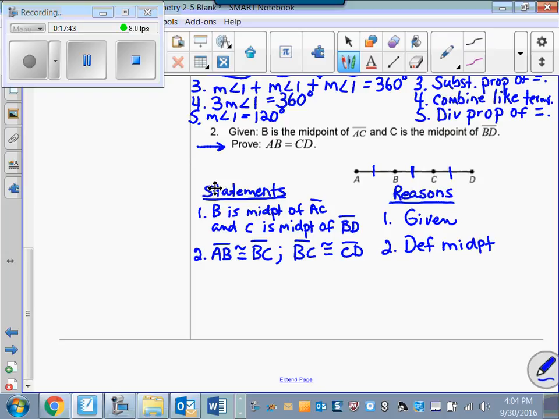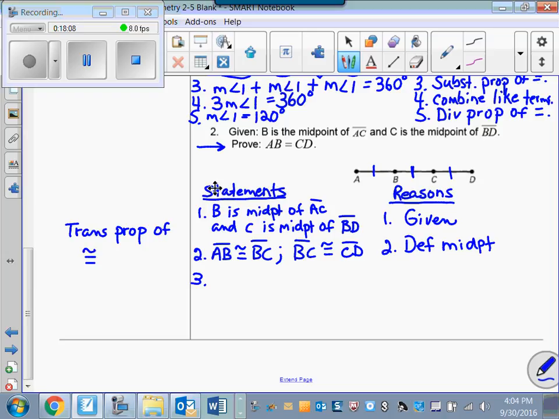Definition of midpoint. Okay, now I feel like I've shortchanged you here a little bit. I did think that I had the congruence properties in this lesson. I think they are in this section in the book, and so hopefully you did make flashcards for them. But there is a transitive, just like we have a transitive property of equality, we have a transitive property of congruence.